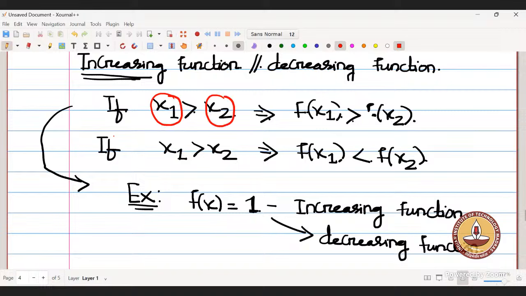If I pick two numbers in the domain, x1 and x2, both belonging to the domain, with one more condition that x1 is greater than x2, and then consider their values f of x1 and f of x2, then for a strictly increasing function, I can say that f of x1 is always greater than f of x2.